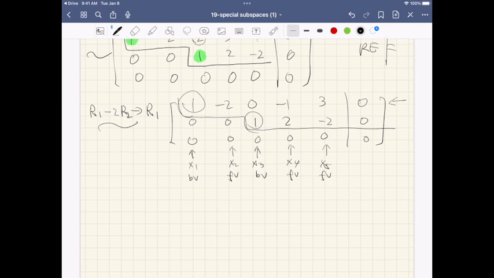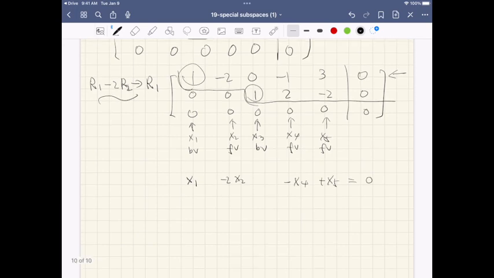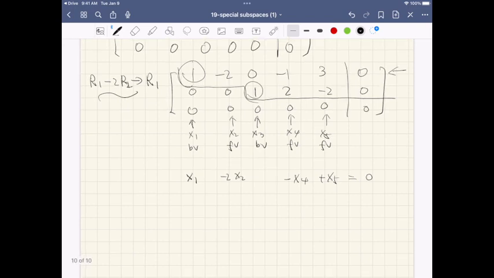So from row 1, we can write x1 minus 2x2 minus x4 plus x5 equals 0. And we solve for this, which means x1 is separated out, and the other things go to the other side: 2x2 plus x4 minus x5.